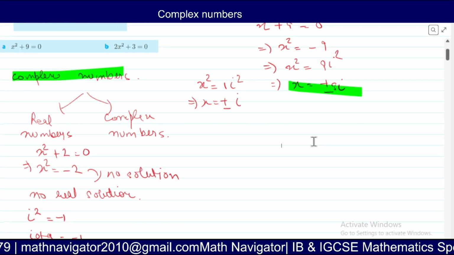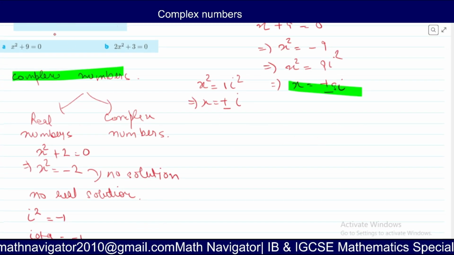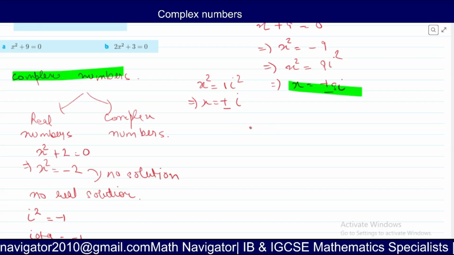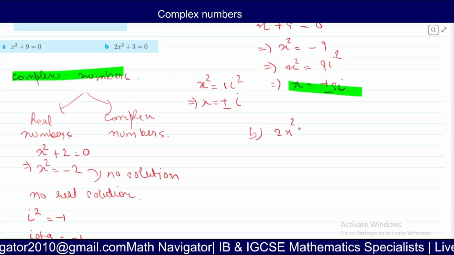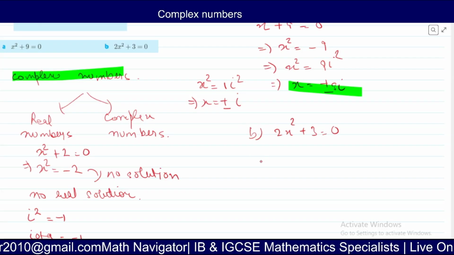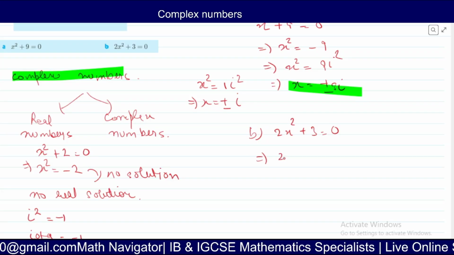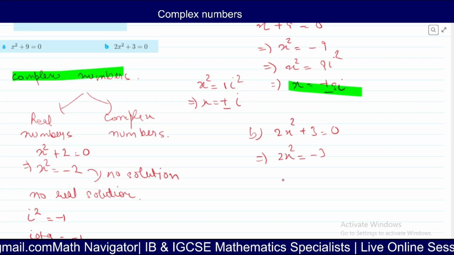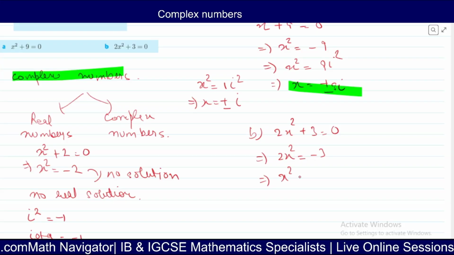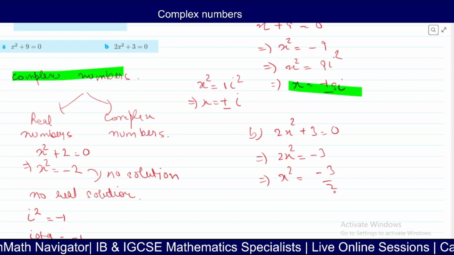Then we can do 2x squared plus 3 is equal to 0. It implies 2x squared is equal to negative 3. It implies x squared is equal to negative 3 by 2.